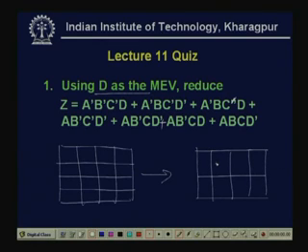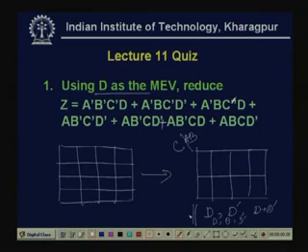So here the content will be in terms of A, B, C, and the entries will be some D complement or some D plus D dash, or the combinations of D, theta, D dash. So this is today's quiz problem, that we have to reduce using the MEV method.